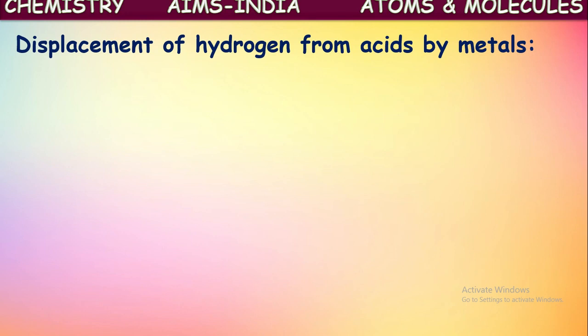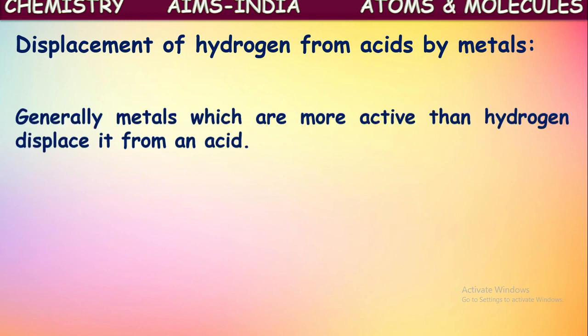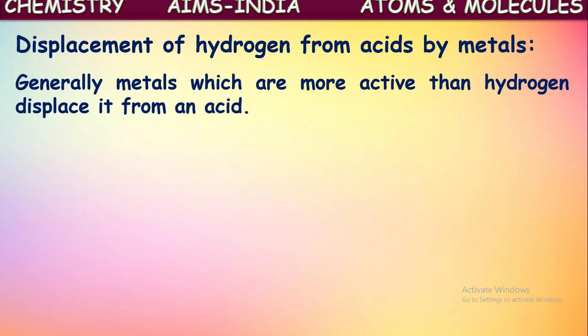Displacement of hydrogen from acids by metals. Generally, metals which are more reactive than hydrogen displace it from acid. Acids contain hydrogen, so when these acids react with metals, which are more reactive than hydrogen, they displace hydrogen from their acids and form respective salts.